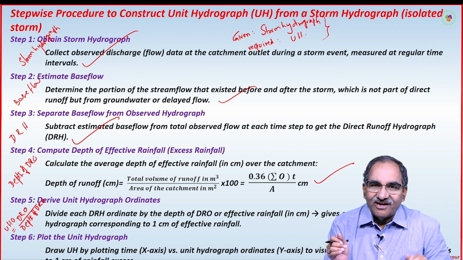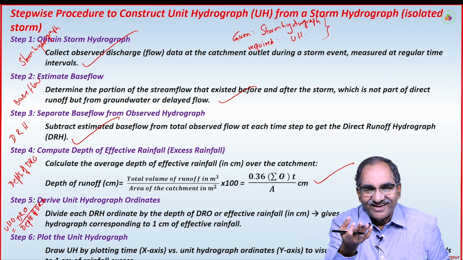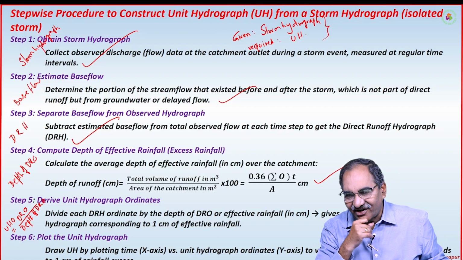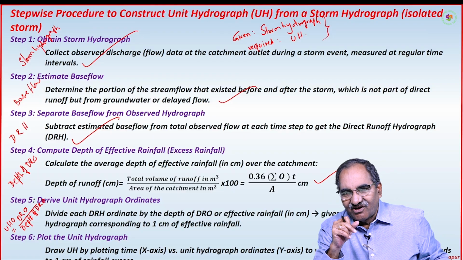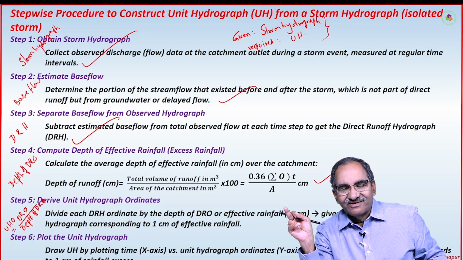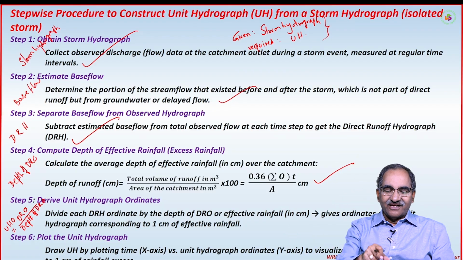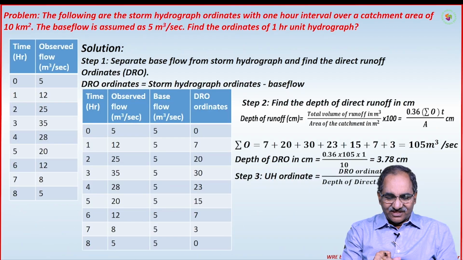For 1 centimeter depth of runoff, what is the ordinate? That is the unit hydrograph ordinate: direct runoff ordinates divided by the depth of direct runoff. That completes the process. Very simple process.